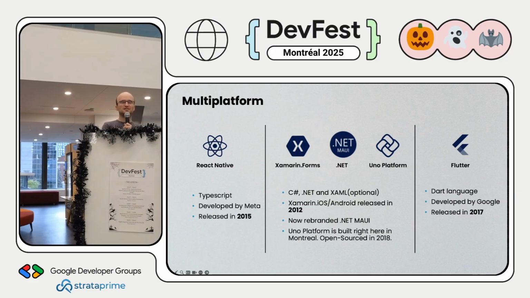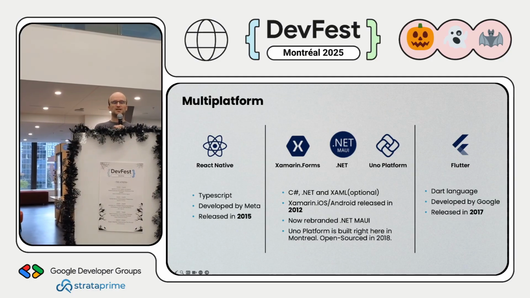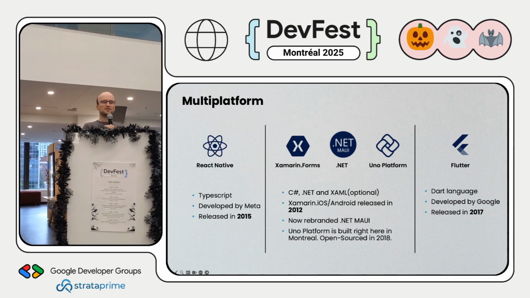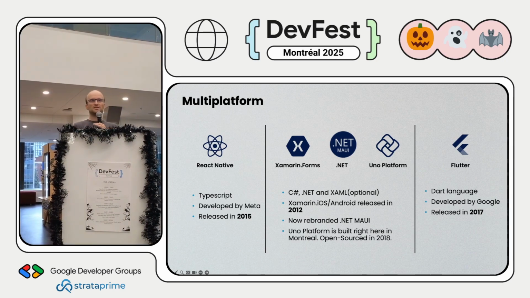So if we look at React Native, I'll go quickly on an overview just to bring everyone up to speed. React Native, you build it in TypeScript. It started in 2015, developed by Meta, and still very, very popular today. .NET had different names, like it started as Xamarin in 2012, then acquired by Microsoft. It was rebranded into .NET MAUI, and now it's built directly into .NET as .NET iOS, .NET Android.